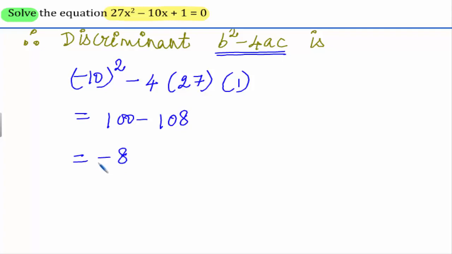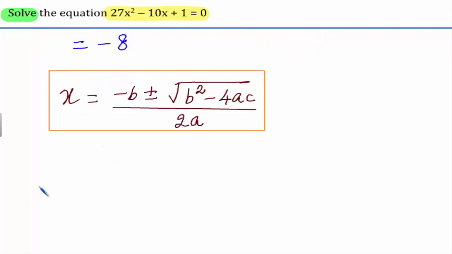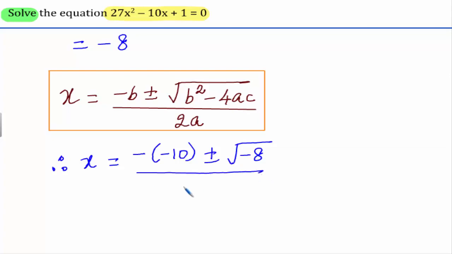Therefore, we have found the value of discriminant as minus 8. By using the quadratic formula, we get x is equal to minus of minus 10 plus or minus root over the value of b square minus 4ac, which is minus 8, and in the denominator we have 2 multiplied by 27.